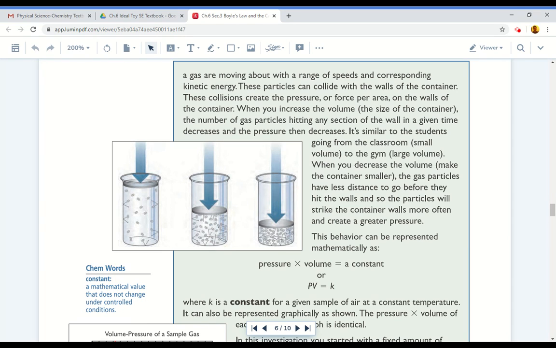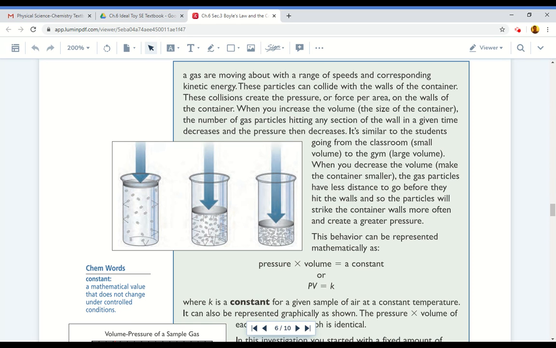When you increase the volume, or the size of the container, the number of gas particles hitting any section of the wall in a given time decreases, and the pressure then decreases. It's similar to the students going from the classroom, small volume, to the gym, large volume.